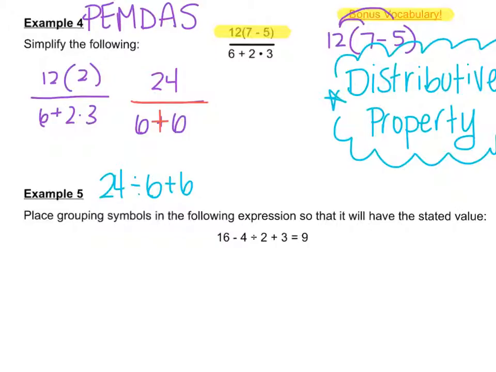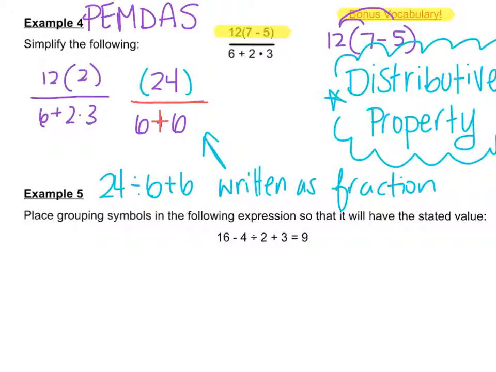However, because it is written as a fraction, you kind of imagine that you have parentheses around the numerator and the denominator. And so you're going to simplify the top, which we've already done. It's just 24.